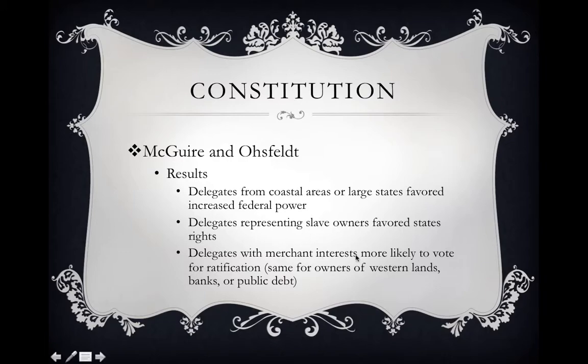If you were a merchant interest, all right, or if you were the owner of Western lands, or if you held public debt. If you held public debt, I told you this one previously. If you were owed money, you would want a strong federal government because they would be able to raise revenues in order to pay you back.